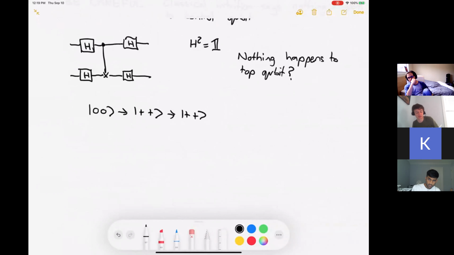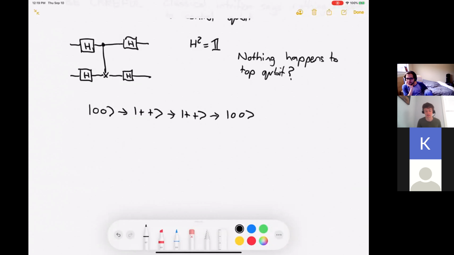And then apply 2 Hadamards to plus plus. What happens to it? Come on, someone. Get back to 0-0. Right, great. Hadamard switches the X and Z bases, so plus plus goes back to 0-0. So 0-0 stays as 0-0. What about 0-1? Apply 2 Hadamards, what do I get?